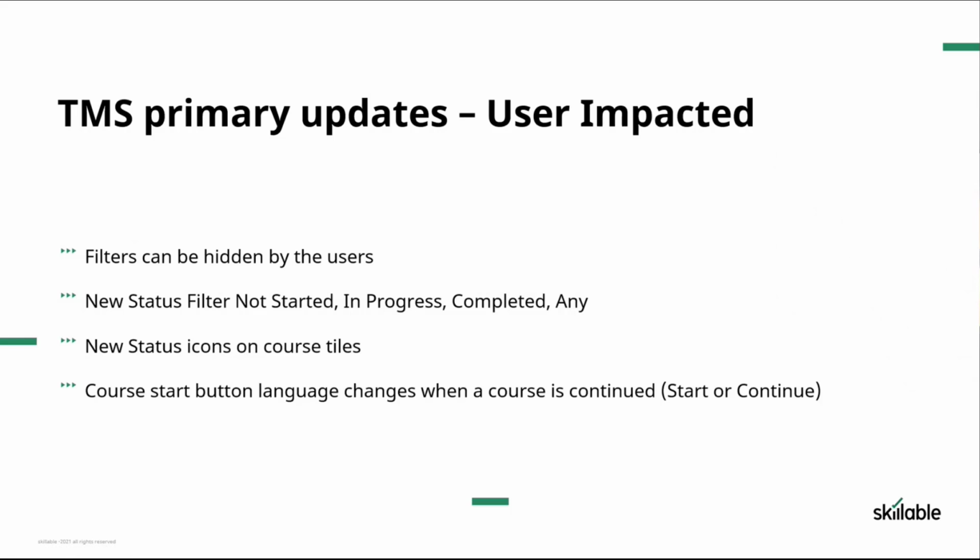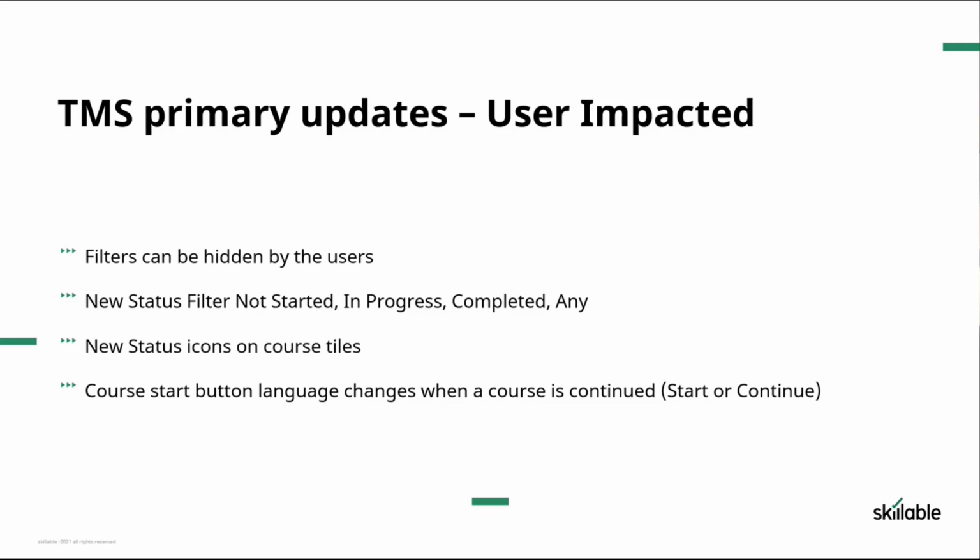What is important is if you use the TMS for on-demand training, so self-paced learning, those sorts of things. There have been some updates that have changed the user experience. These are really important to be aware of, because as soon as you change the color of something, some end users are straight on the phone going, "It's changed. Is it the same thing?